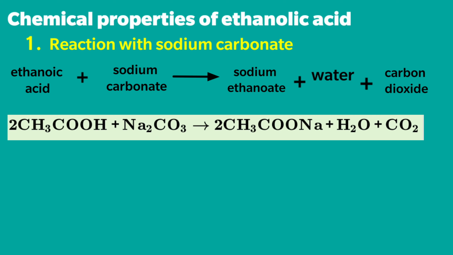We can write this equation: CH3COOH, this is the formula of ethanoic acid, also called acetic acid, plus Na2CO3, this is sodium carbonate, gives CH3COONa, this is sodium ethanoate, also called sodium acetate, plus CO2 carbon dioxide plus H2O water. In this reaction, ethanoic acid reacts with carbonate and gives carbon dioxide, salt and water.